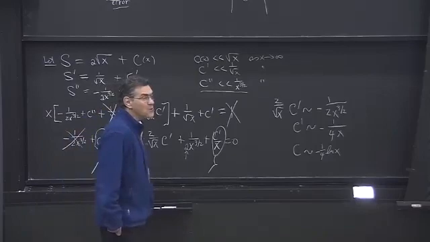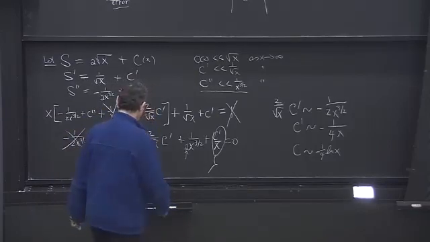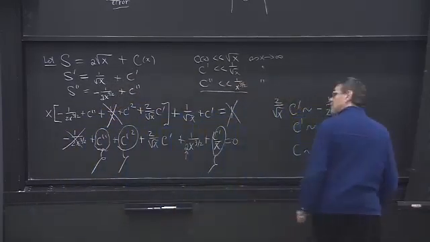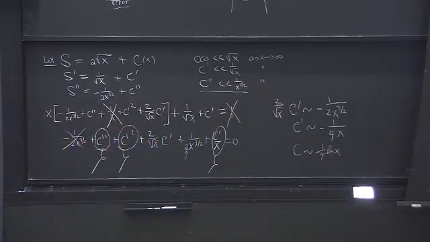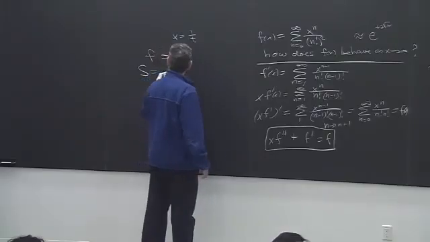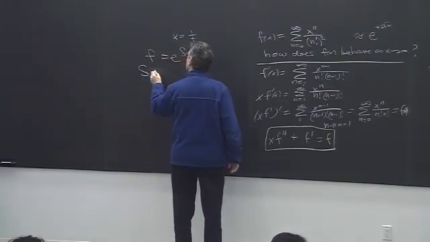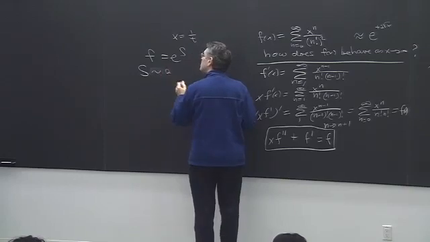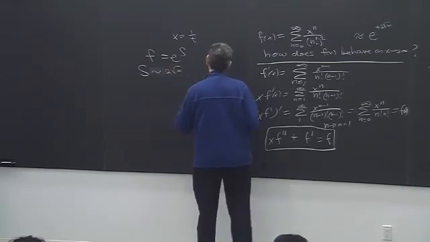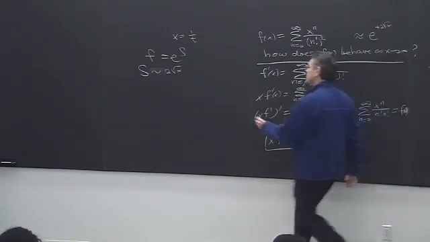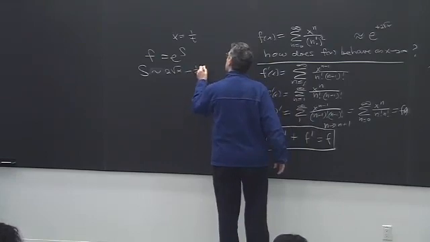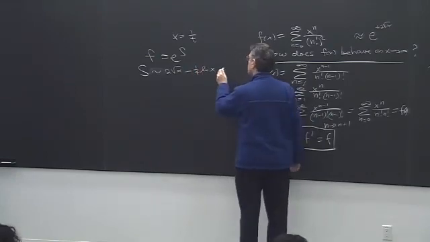Okay, so now we know, let's put it over here. So since f is equal to e to the s, we now know that s is asymptotic to 2 square root of x minus 1/4 log of x plus more terms.